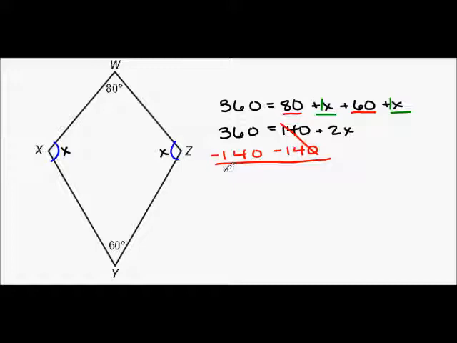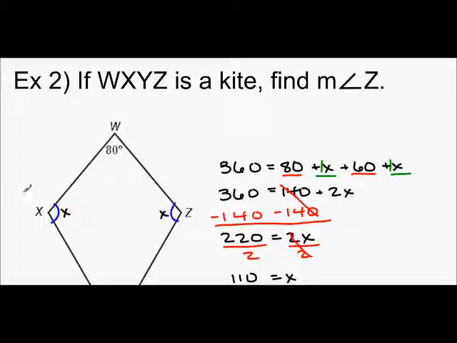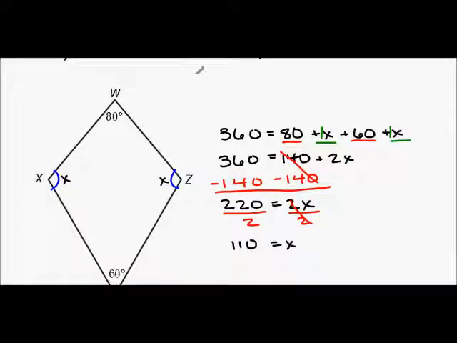And I get 220 equals 2x, but I just want 1x. So let me divide by 2. And I get 110 equals x. So I wanted to find the measure of angle Z. I'm going to say the measure of angle Z equals 110 degrees.